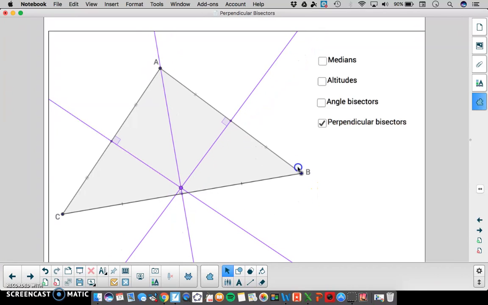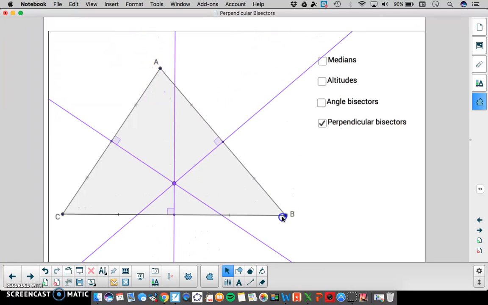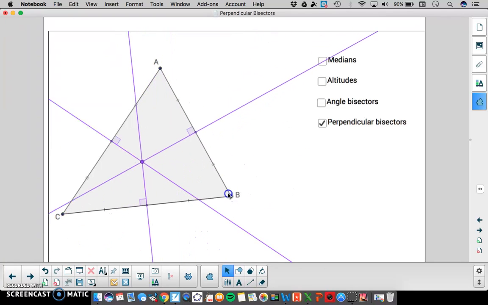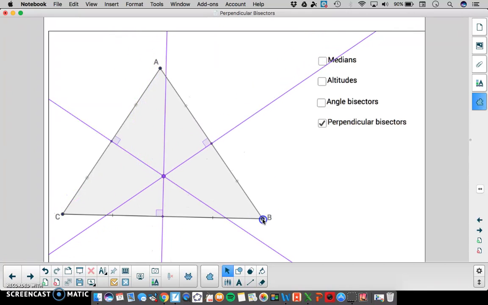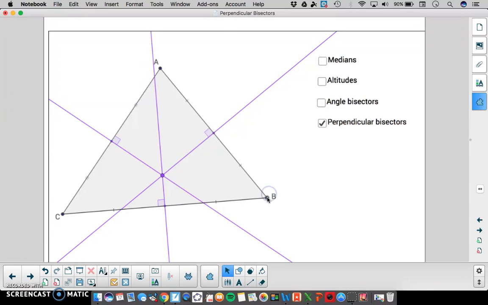No matter where I move those points, you can see they always intersect at that purple point. So no matter where those perpendicular bisectors are, I always have them intersecting at this point. That's actually called something special.